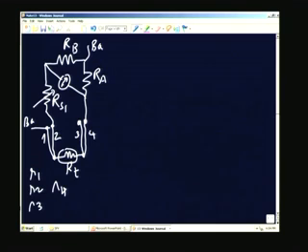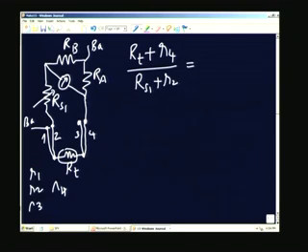Now, I have obtained the balance by adjusting Rs suitably. Therefore, you see that if Rb and Ra are constant, we know that Rt plus R4, this resistance, divided by Rs1 plus R2.